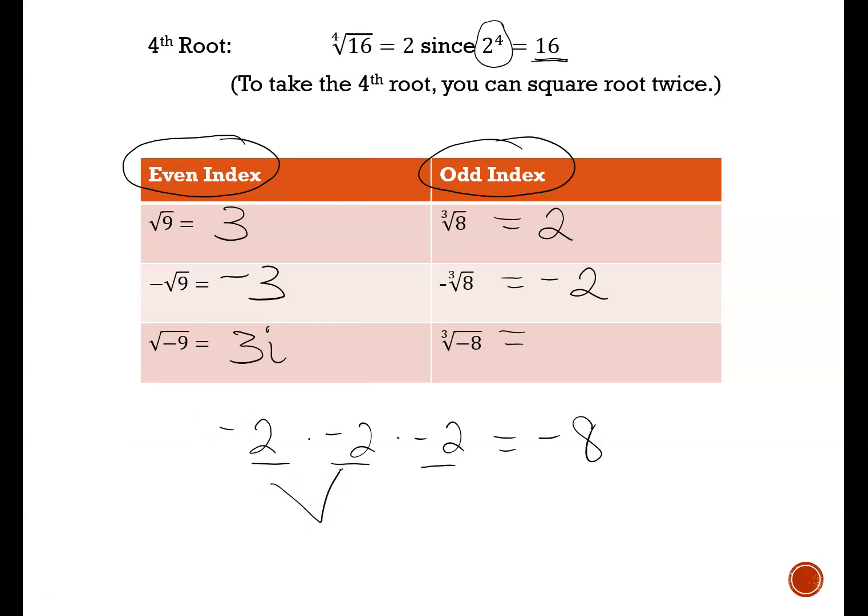Negative 2 times negative 2 is positive 4, times negative 2 gives us negative 8. So negative 2 cubed is negative 8. So these two have the same answer, but for different reasons. The square root of negative 9 must have the i because there is no way that I can square a number and get a negative. That's why i was defined.